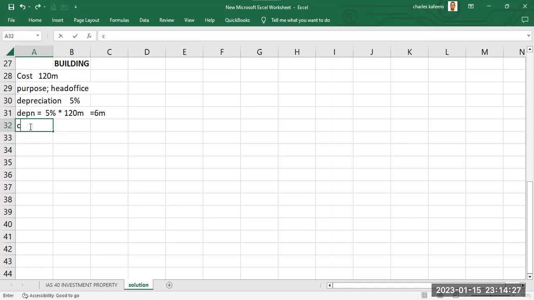Then we get the carrying amount. Since this one did not increase in value, we have to get the carrying amount, which is the cost minus the depreciation. Our cost was 120 million minus the 6 million.